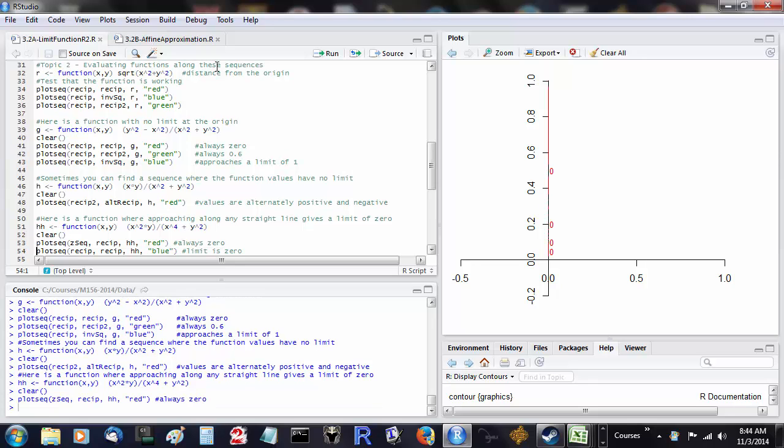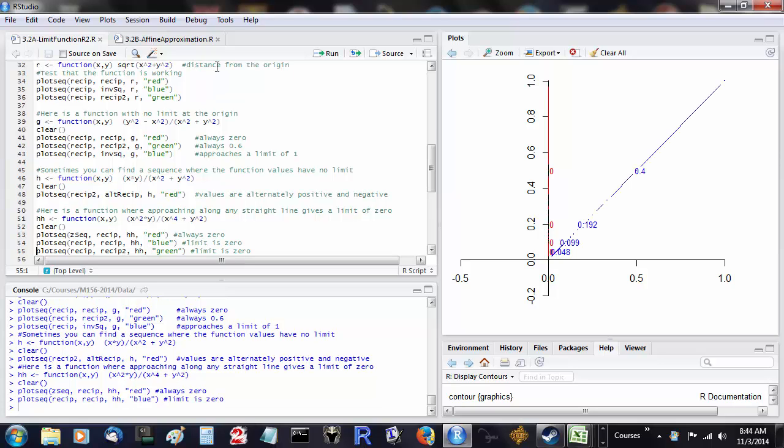First, I will move in along the y-axis by using the sequence of zeros for the x-coordinates, getting a limit of 0. Then I will move in along a sequence of points where y is equal to x, and yet again, you can see the function values keep getting smaller and smaller. They approach a limit of 0.